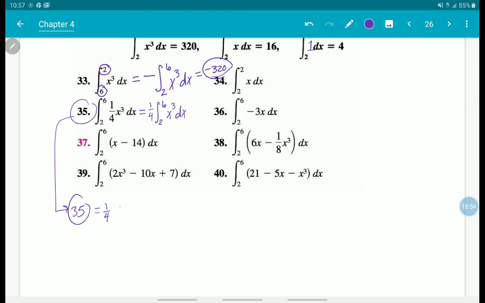So we have 1/4 going from 2 to 6 of x cubed dx. Now, we know what this is. They're telling us it's 320. We'll talk about how they got that in the next section. So 320 times 1/4 is 80. So that area would be 80.